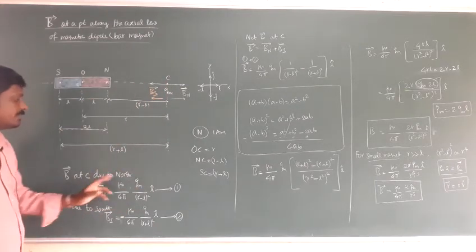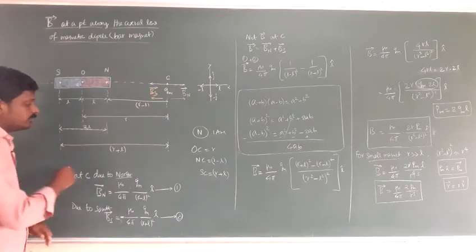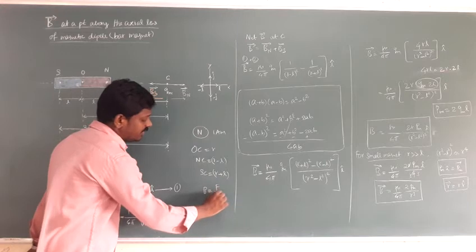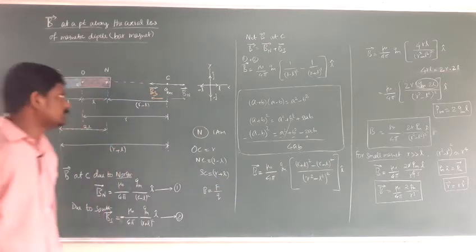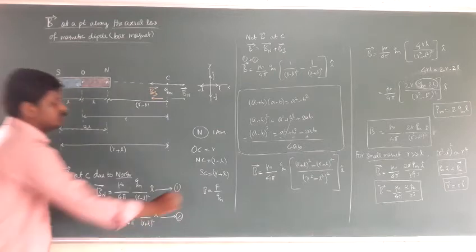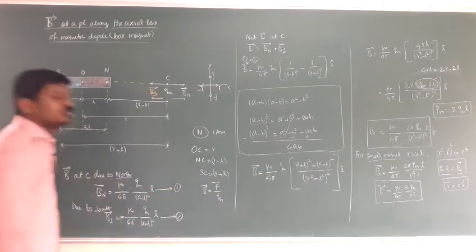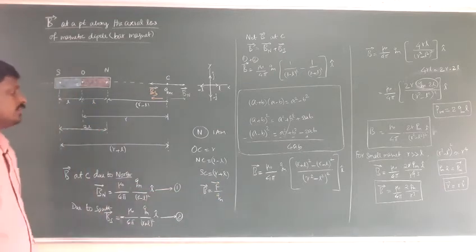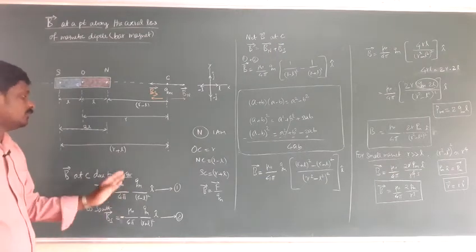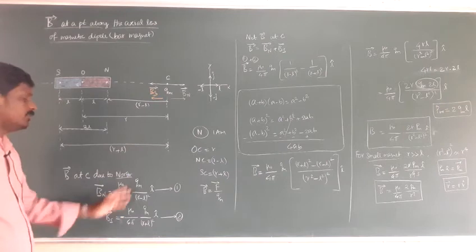So what is the magnetic field at point C due to that north pole? Magnetic field B is equal to F by Q, where Q is the pole strength. Using Coulomb's inverse square law, F is equal to mu 0 by 4 pi, Qm times another Qm, divided by R square.